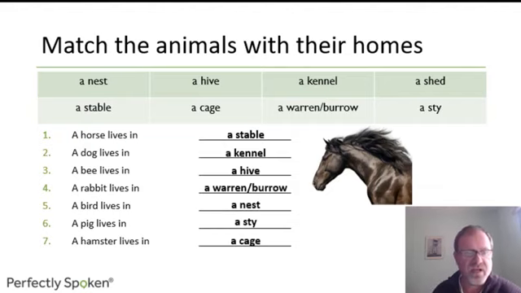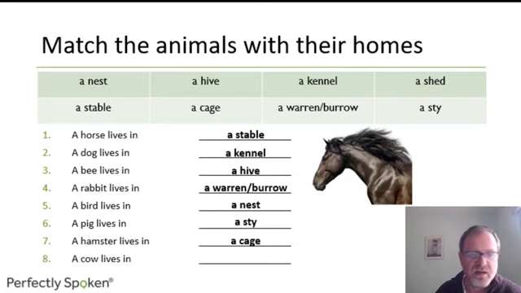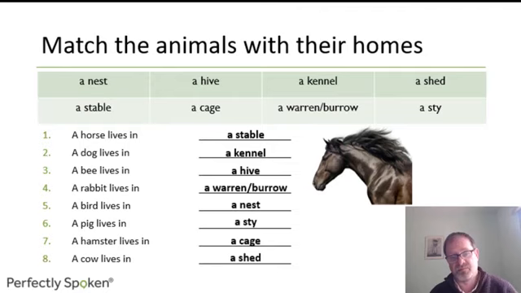And a cow on a farm typically lives, and it's not in the field, of course, in a shed, a cow shed. Okay, so there are obviously differences between domestic and wild animals, because some animals are both domestic and wild in terms of where they live.